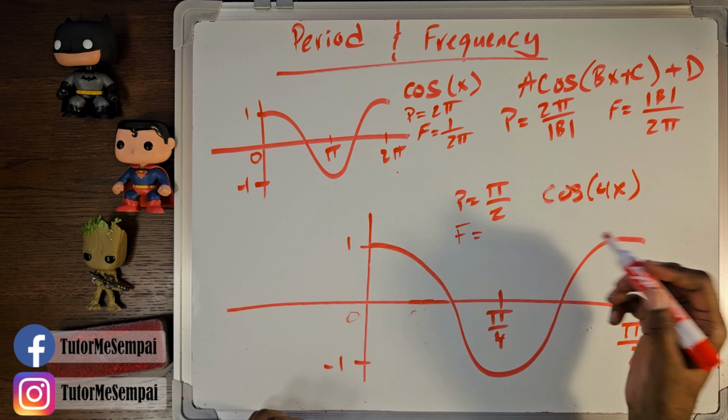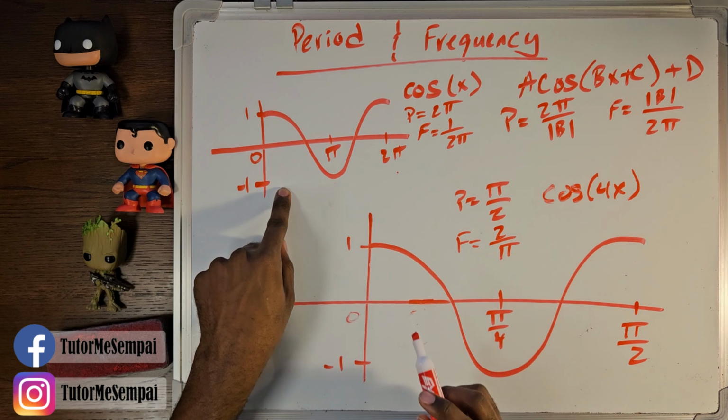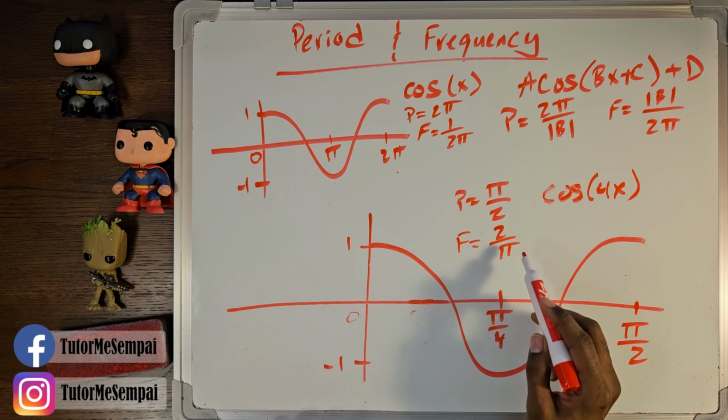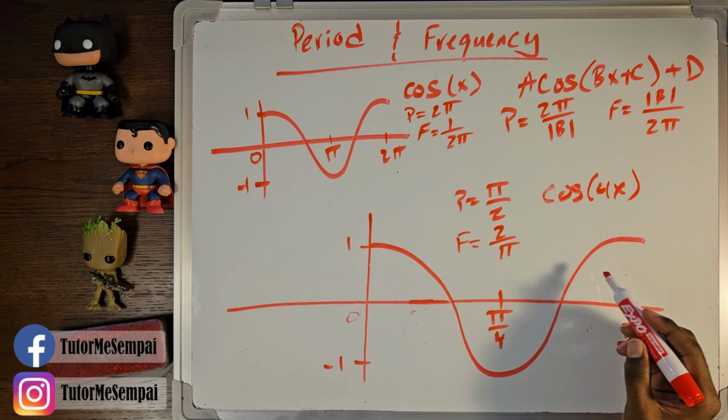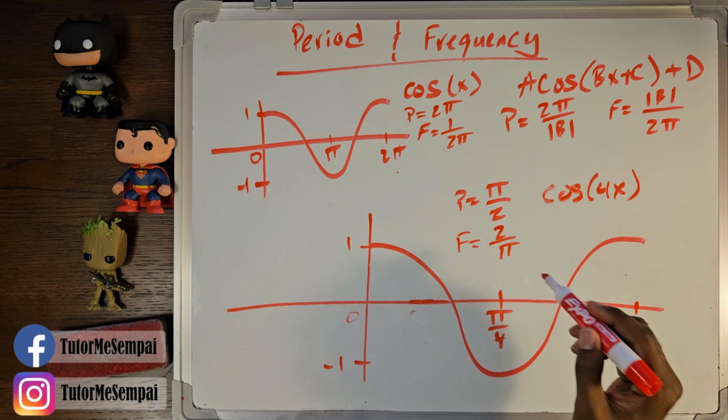So if we were to compare this cosine 4x to cosine x, and we know we're going to be doing 2 full oscillations every pi, how does that match up with the basic cosine? By simply comparing the frequencies, we have 1 over 2 pi for one, and 2 over pi for the other. If you're going to compare them, we have to have like denominators, right?